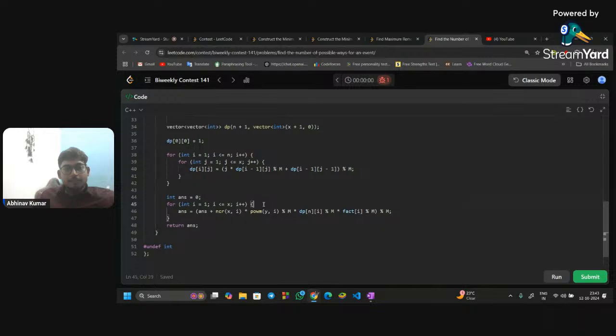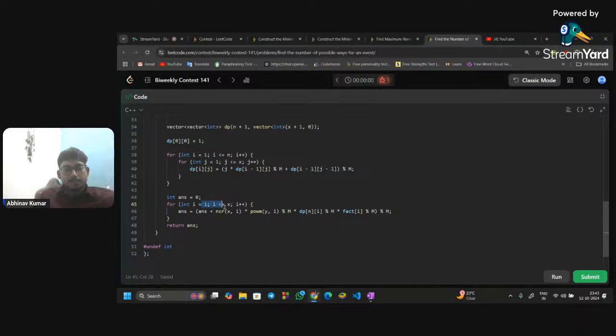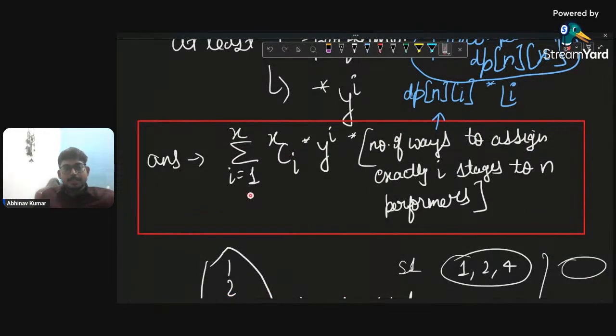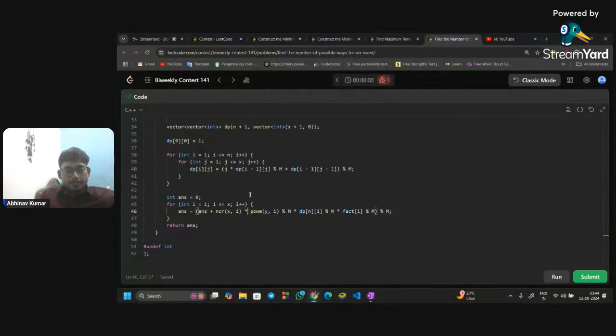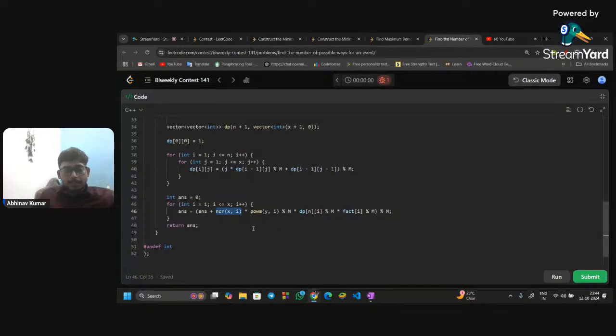Now I have to compute my final answer. For every i from 1 to x, I run a loop from i equal to 1 to x. Then I write answer is equal to answer plus xCi, using an nCr function, which I'll show you, multiplied by y to the power i. powm is a function to calculate binary exponentiation mod m.